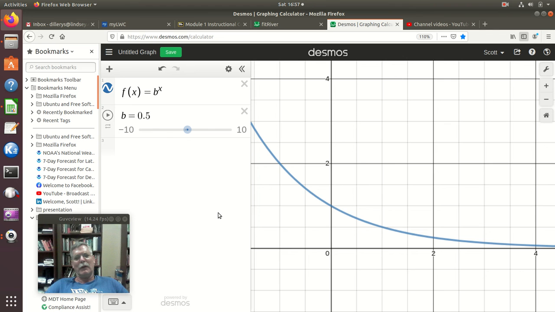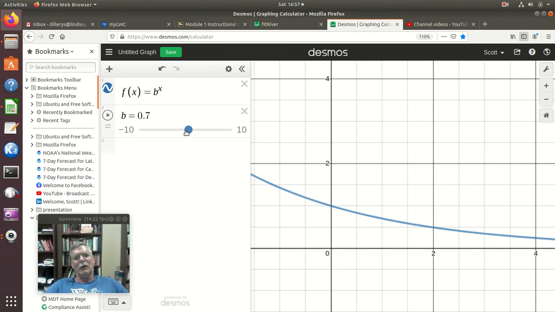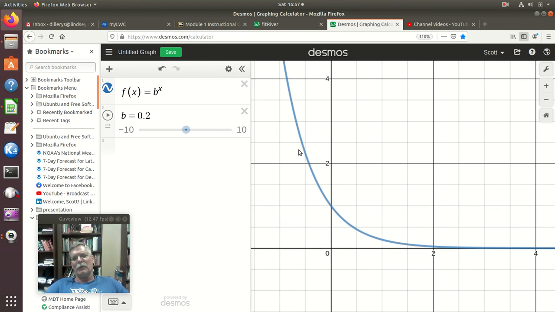We're staying greater than 0. So for b less than 1, it looks like this. B greater than 1, it switches to growing big this way and having the asymptote out to the left. Here, when I get, whoops, let's try that again. There we go. Between 0 and 1, the asymptote is out to the right, and it gets smaller and smaller and smaller. Yeah, if I try to make b negative, it disappears.